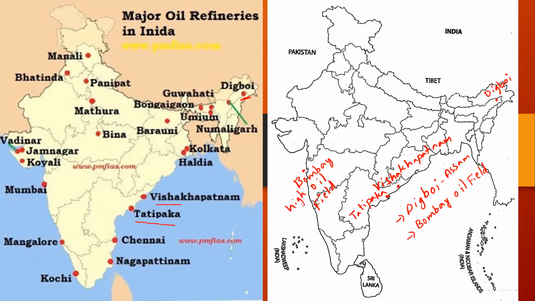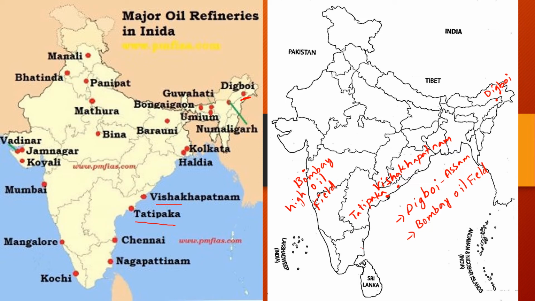So any doubts in this? And also some other important places like Chennai and Nagapattinam. Okay, so Chennai and Nagapattinam are also important places for petroleum, but they are not leading producers. Nagapattinam is one of the oldest oil resources in India.